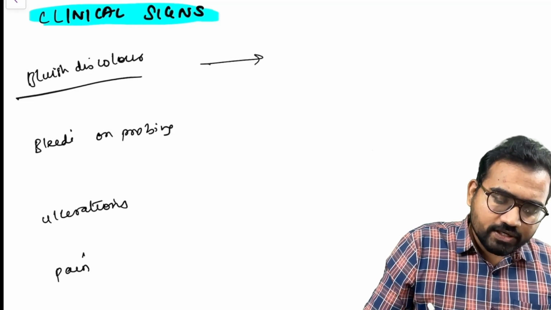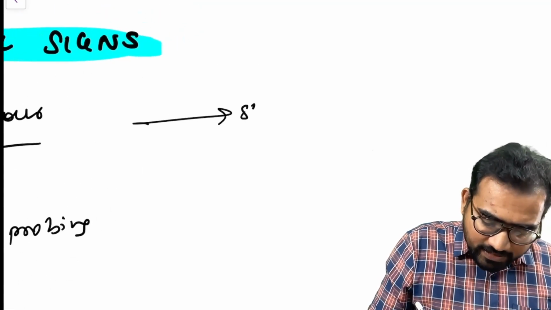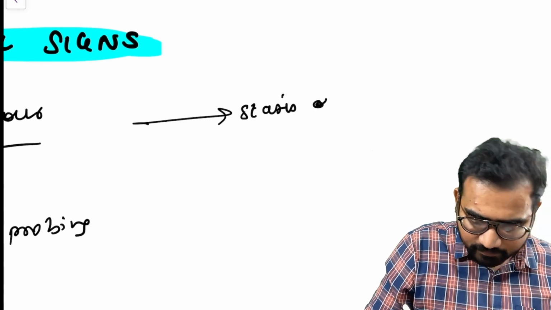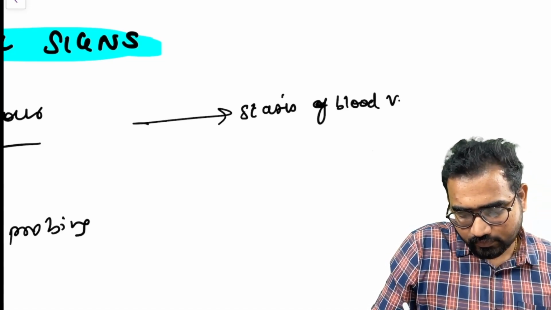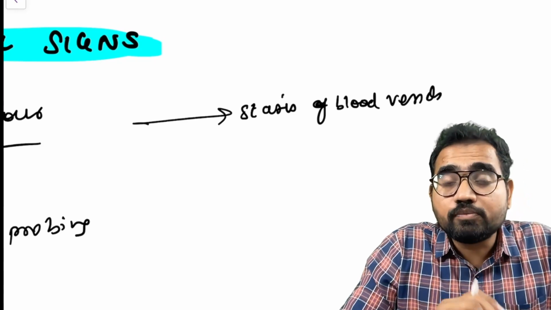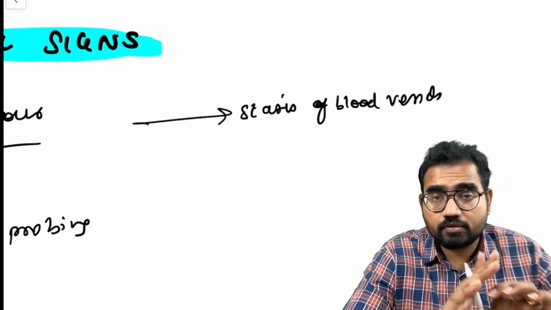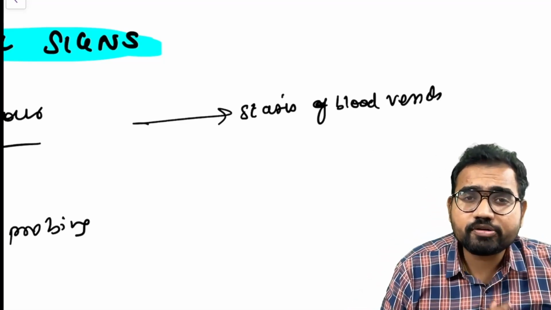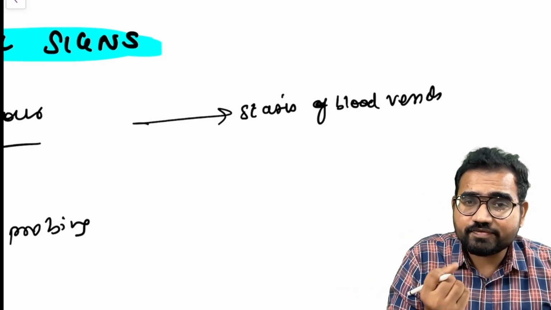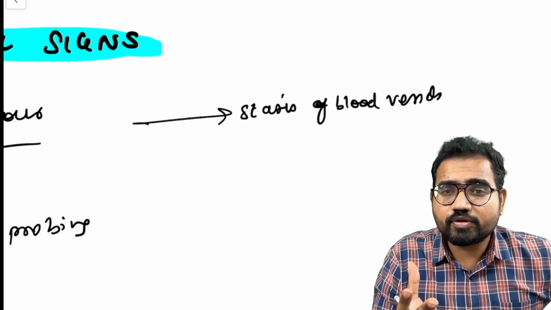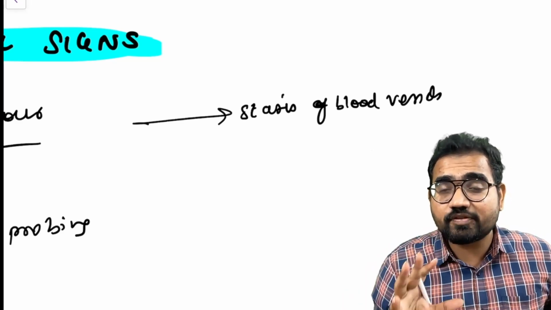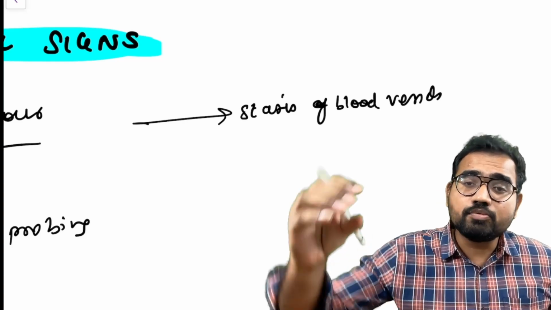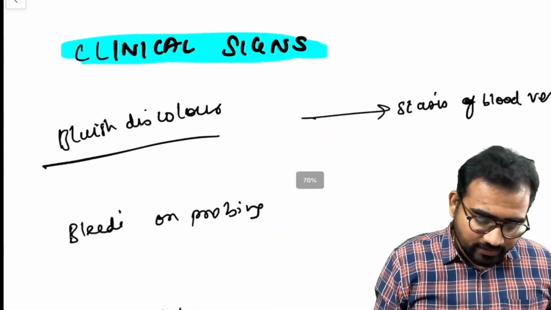So bluish discoloration is mainly because of the stasis of blood vessels. Okay, and bluish will be seen in chronic inflammation. So during the stasis of blood vessels, as you can see, there is going to be transient vasoconstriction which is followed by persistent vasodilation. So in those cases I can see stasis of the blood vessels. That is why you get a bluish discoloration in the gingiva.